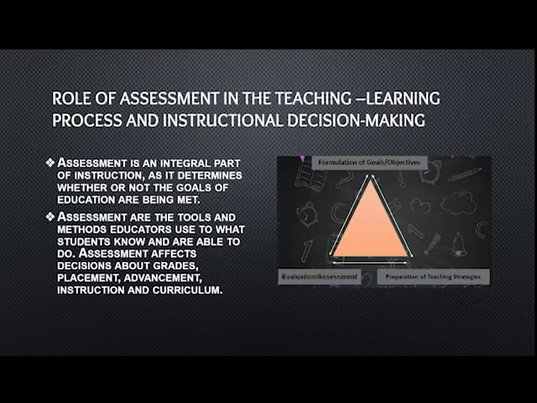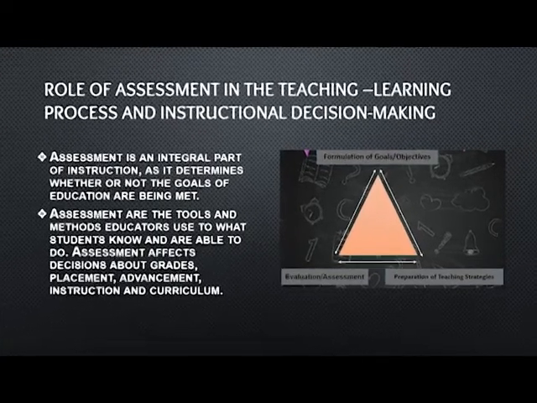Whatever you do or think, you will find ways that assessment touches your process, making you change or improve something in the lives of your students. So here is the importance of assessment.